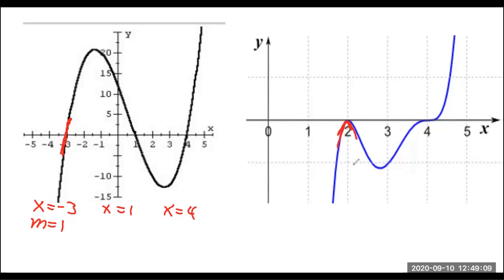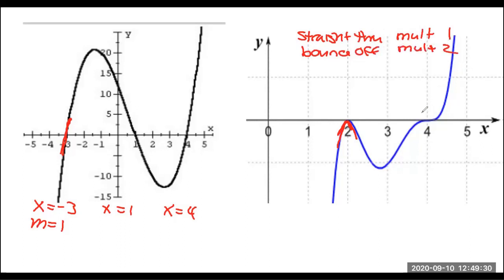That's got a multiplicity of 2. So, straight through, that's got a multiplicity of 1. If it bounces off, then it's got a multiplicity of 2.